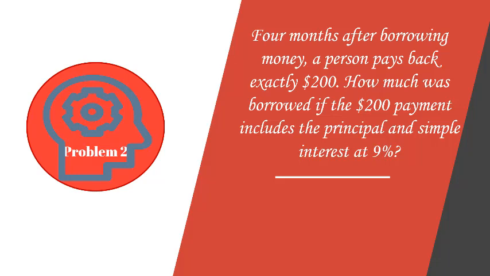From this example, we need to calculate the present value, and we know S equal $200 and R equal 9% and T equal 4 months.